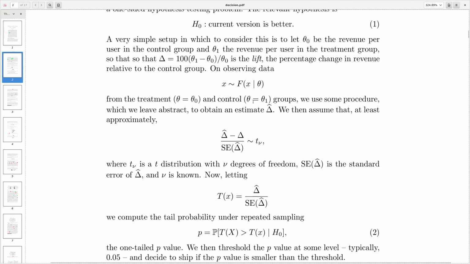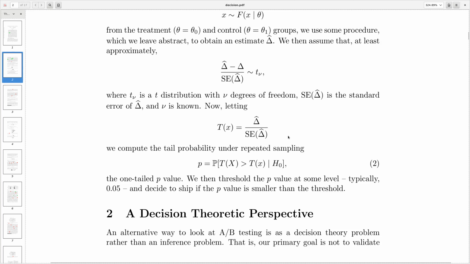On observing data x distributed as F, a function of theta, conditioned on theta, from the treatment, theta equals theta 1, and the control, theta equals theta 0, groups, we use some procedure, which we leave abstract, to obtain an estimate delta hat. We then assume that, at least approximately, delta hat divided by the standard error SE of delta hat is distributed approximately as T of nu, where T of nu is the t-distribution with nu degrees of freedom, SE of delta hat is the standard error of delta hat, and nu is unknown.